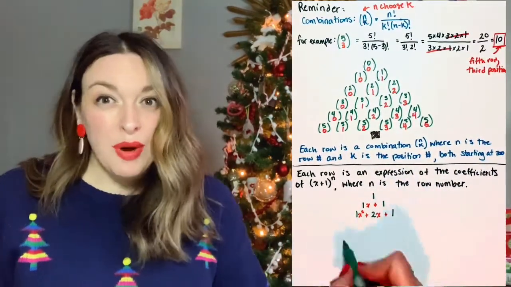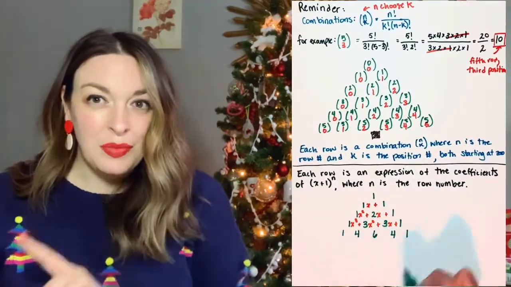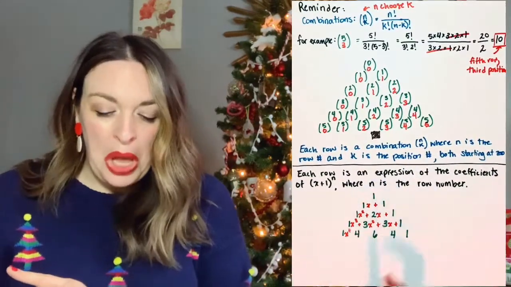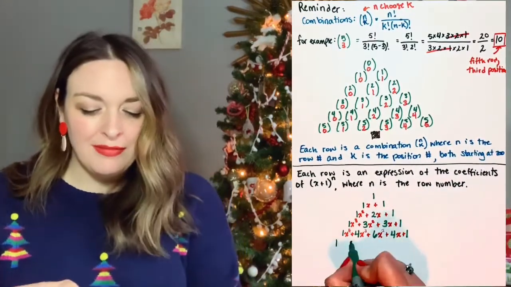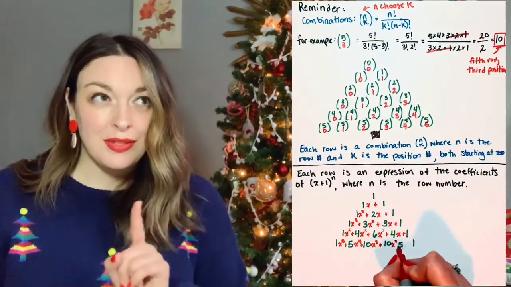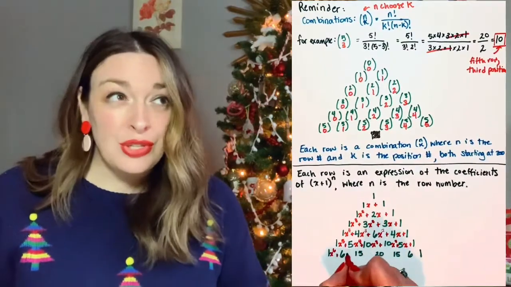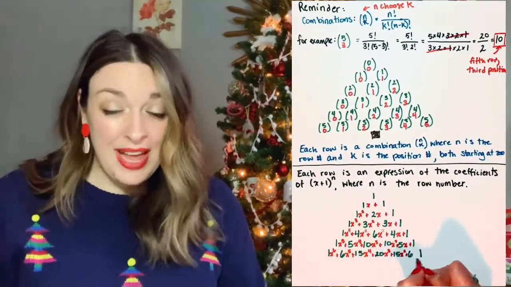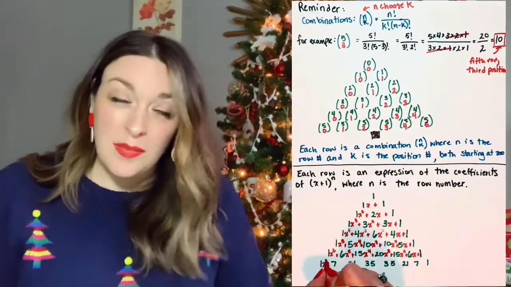The next row, row 1, is x plus 1 to the power of 1, so that's 1x plus 1. The next row, 1, 2, 1, so that'd be 1x squared plus 2x plus 1. Next row is the power of 3, so we have 1x cubed plus 3x squared plus 3x plus 1. This is actually the answers to x plus 1 to the power of n. So I can keep going for rows and rows and rows, and this will always get me the coefficients.